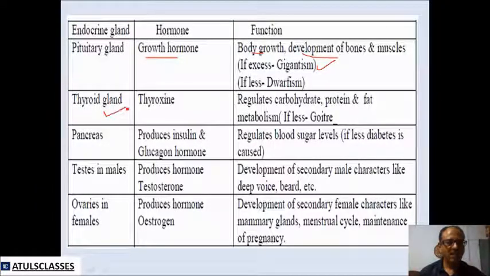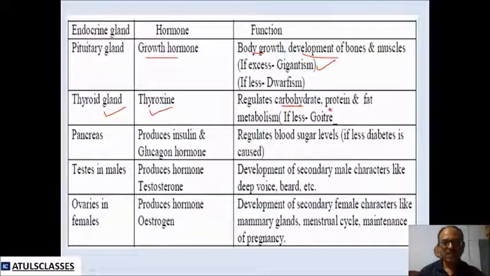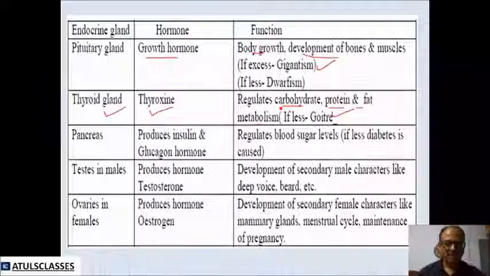Thyroid gland, which is present in the neck, releases thyroxine and it regulates carbohydrate, protein, and fat metabolism. And you know that iodine is very important for the development of thyroxine, and its low concentration can lead to enlargement of the gland and it leads to goiter. The people who are living in mountains most of the time face this problem.